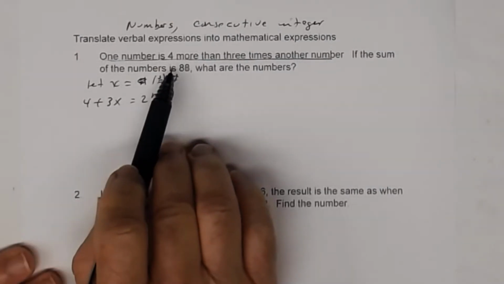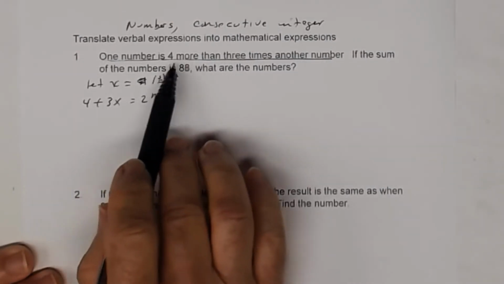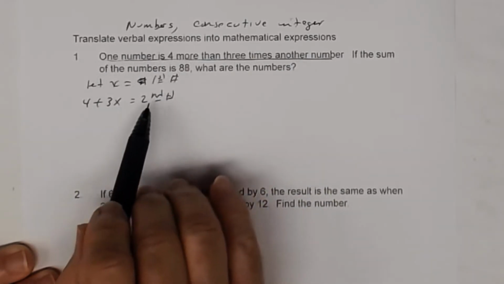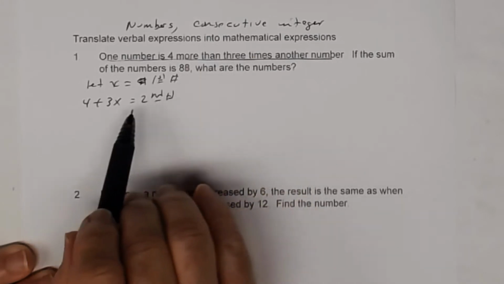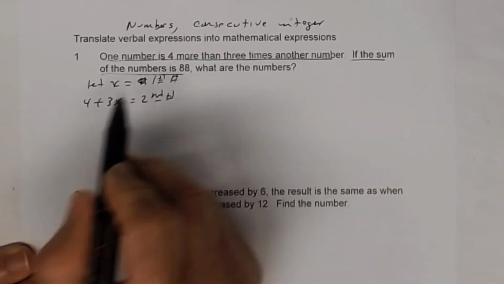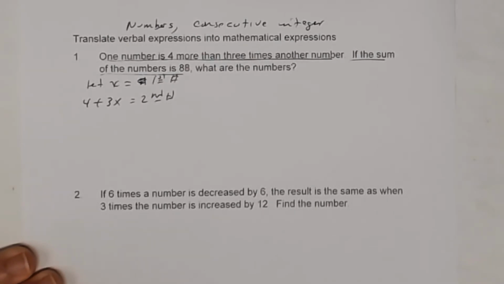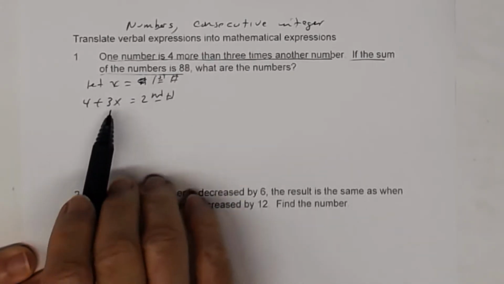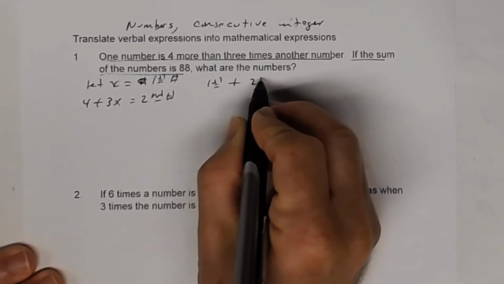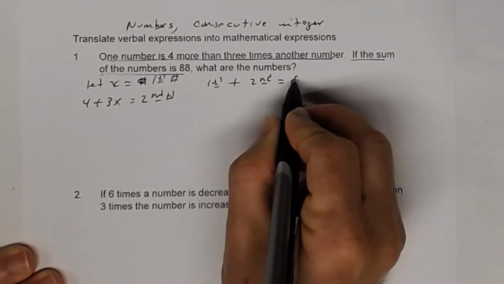All right, so from that first statement we got these two expressions. This number we're going to call x, and this number is 4 more than 3 times x. Now we're going to use that second statement for our equation. You're told that the sum of these two numbers, the first number plus the second number, has to equal 88.